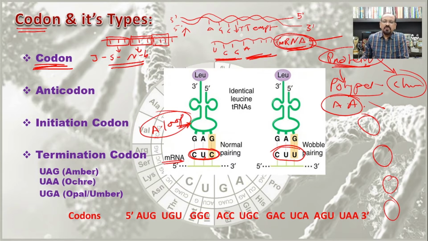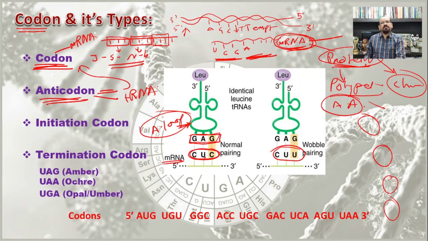So the sequence of these 3 nitrogen bases on the anticodon loop of the tRNA, which are complementary to the codon on the mRNA, is known as the anticodon, because it is complementary to that of the codon. It means the codon is on the mRNA and the anticodon is on the tRNA.